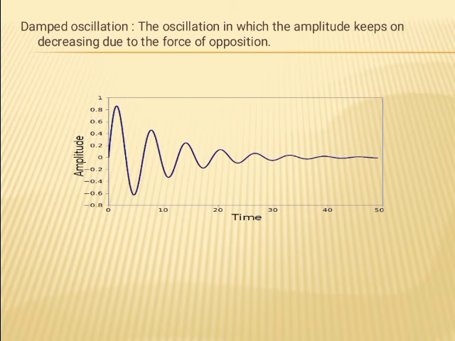So what is damped oscillation? Now, damp means suppress. Suppress, ಕಡಿಮೆ ಆಗೋದು, suppress ಮಾಡೋದು ಒಬ್ಬರನ್ನ, ಹೌದಲ್ಲ? So if I consider damped oscillation, in the definition you can see it is the oscillation in which the amplitude keeps on decreasing due to the force of opposition.